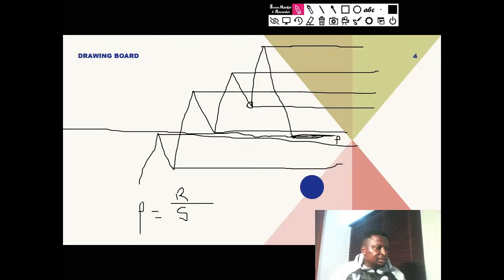From here, anything that is up is resistance, anything that is down is support. Am I clear? If you understand this, I can understand you. Anything down here is support, anything up here is resistance.